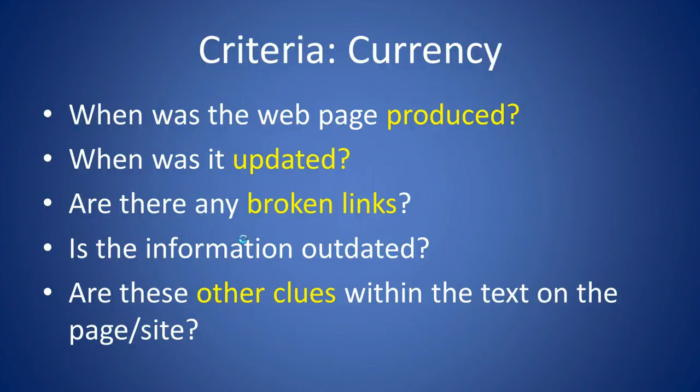Currency means how up to date the site is. And this literally is sometimes as simple as clicking around in the website to make sure that all of the links work, that there are no misspelled things, that the most recent press release, for instance, is dated 2007. This may or may not be important to what you plan to use the website for.